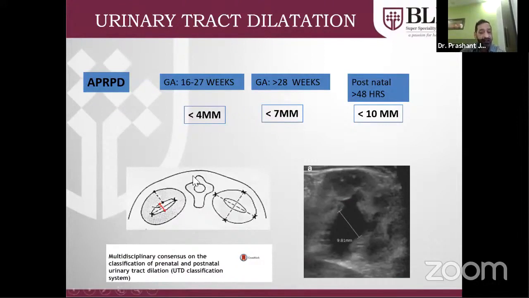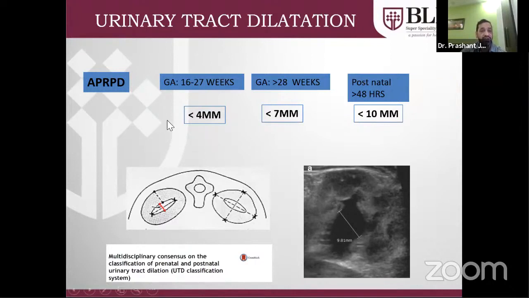Now, as per this multidisciplinary consensus, which has called the dilatation urinary tract dilatation, they have classified the dilatation on the basis of the gestational age.